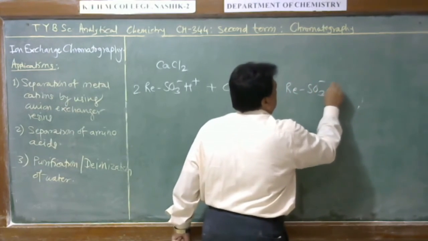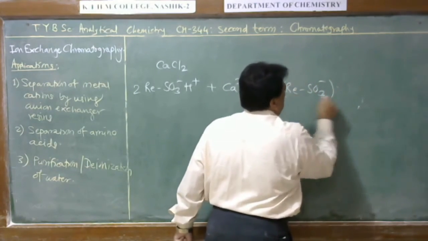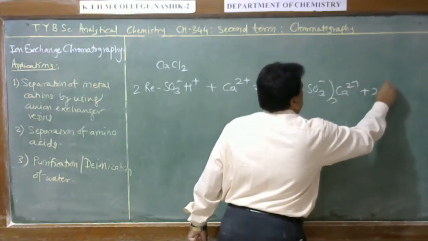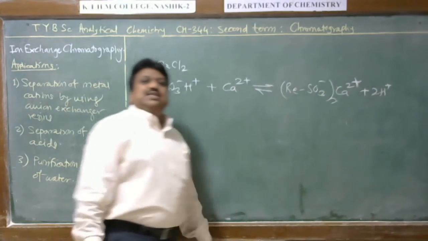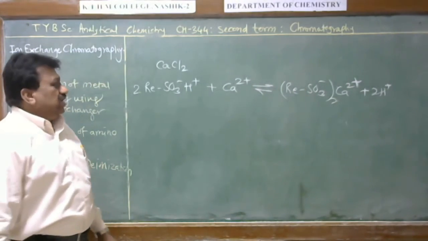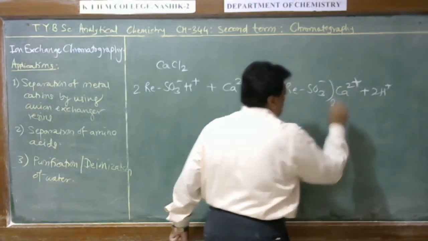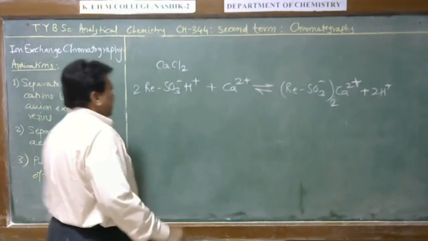ReSO3 minus H plus twice, with Ca2 plus, gives 2H plus. That means a single calcium ion is exchanged with 2 resin molecules, (ReSO3 minus) twice Ca2 plus.